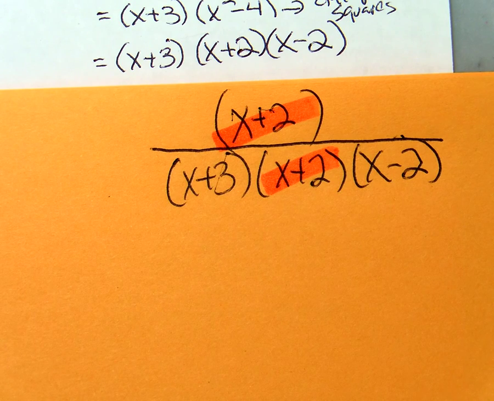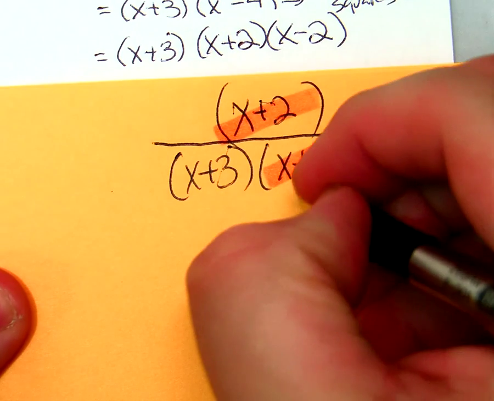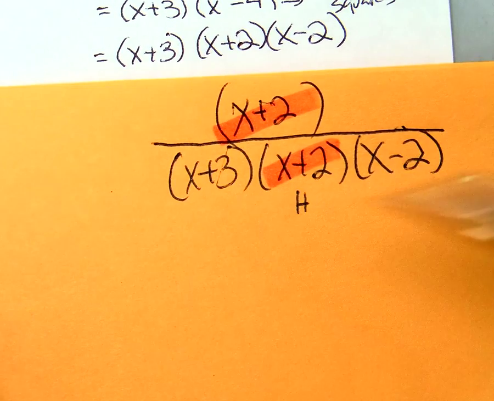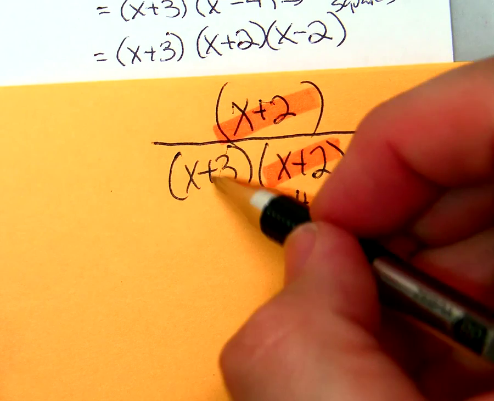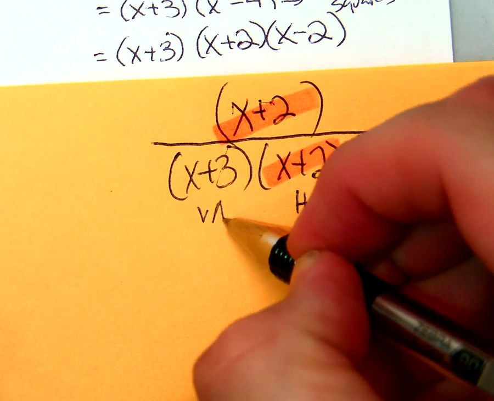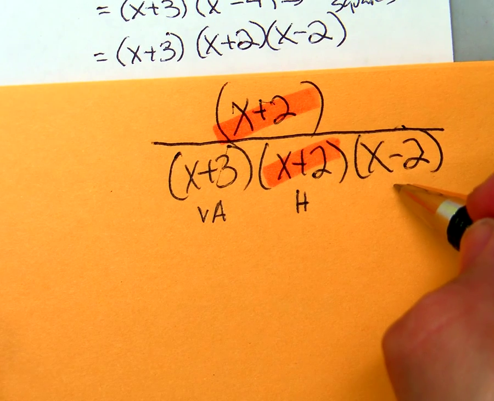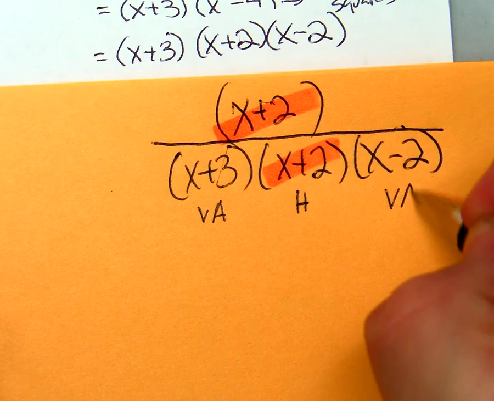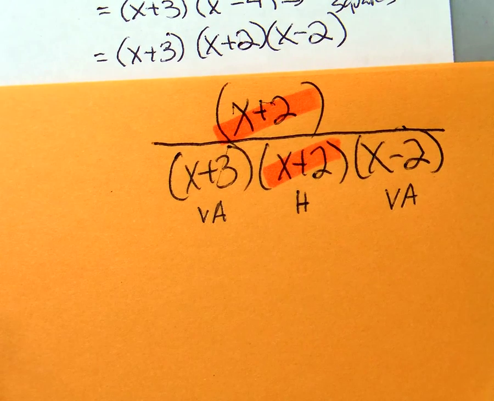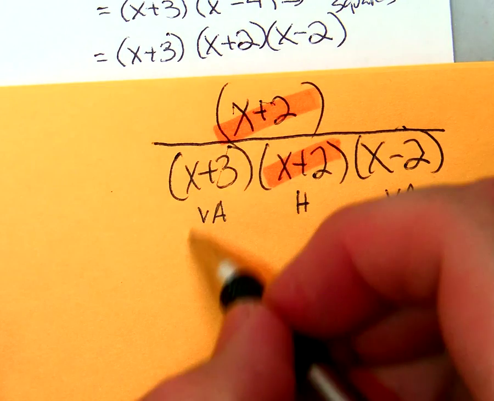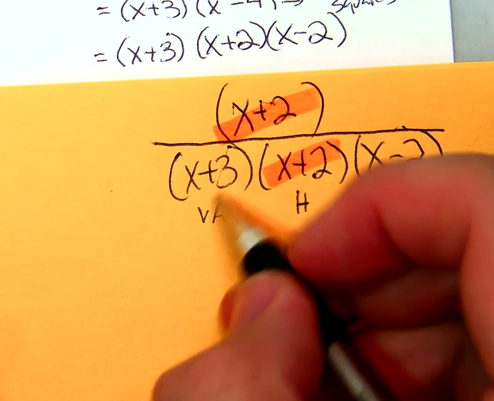Can I divide out the x plus 3? No. So it's a vertical asymptote. Can I divide out the x minus 2? No, it's a vertical asymptote. So you have to go through and find all the x values. So at this point, x plus 3 is equal to 0, so x is equal to negative 3.